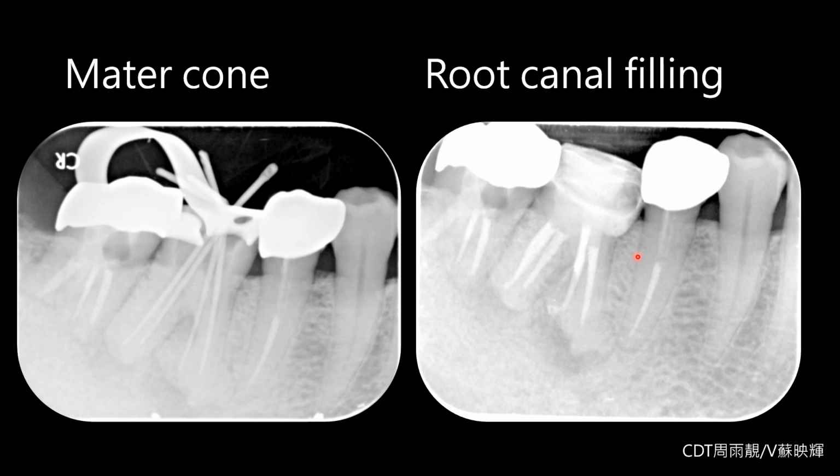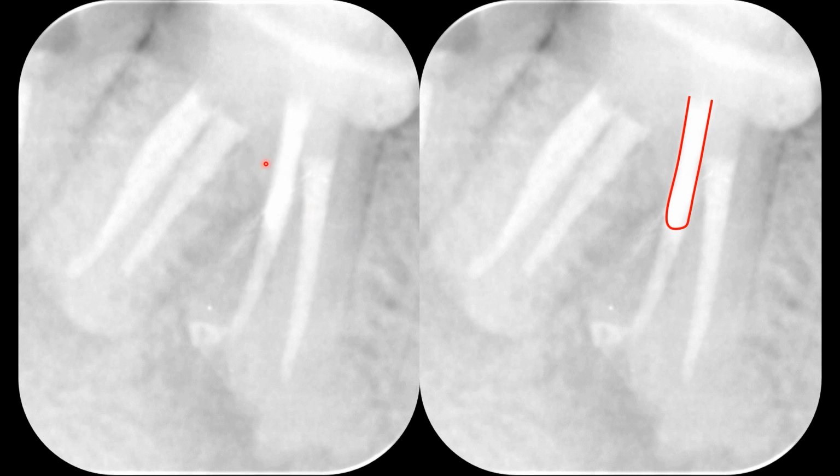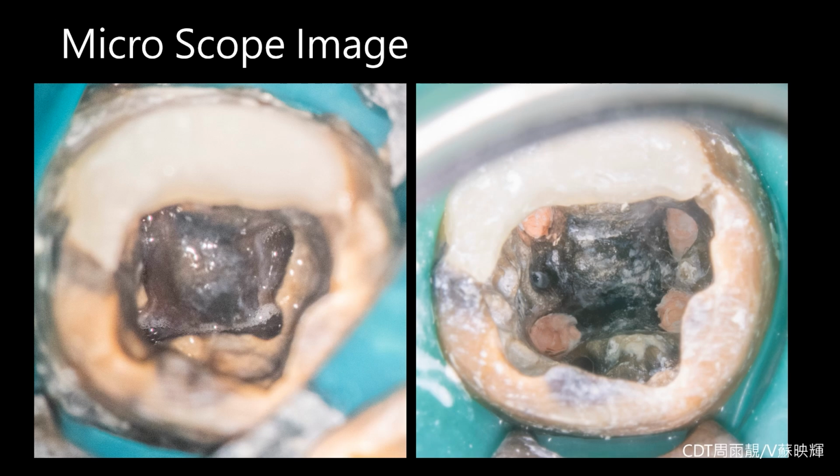As you can see, there's more radiopacity here, and this is what I put here, and you can check the radiopacity. It's a 5 millimeter drilling path here. Then we used the guided endodontics. So this is after we cleaned the canals and did the root canal filling.